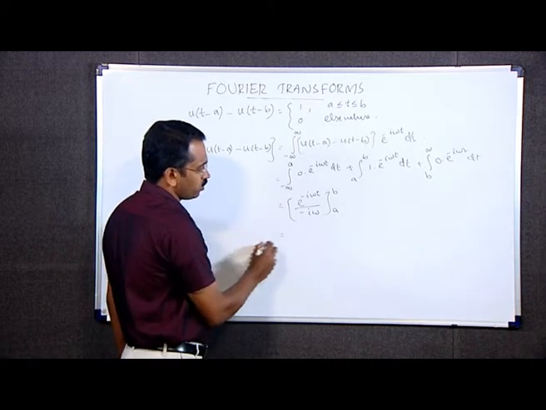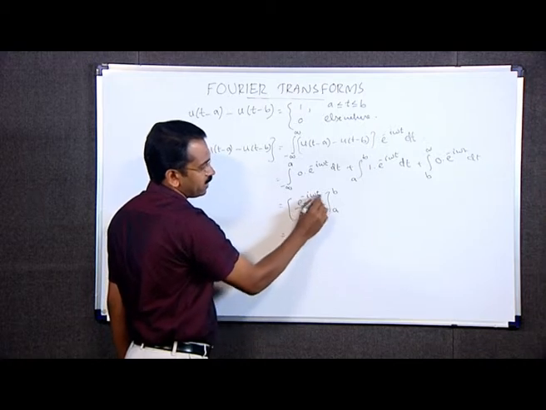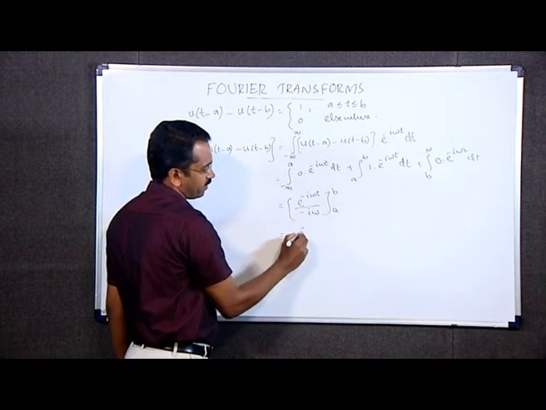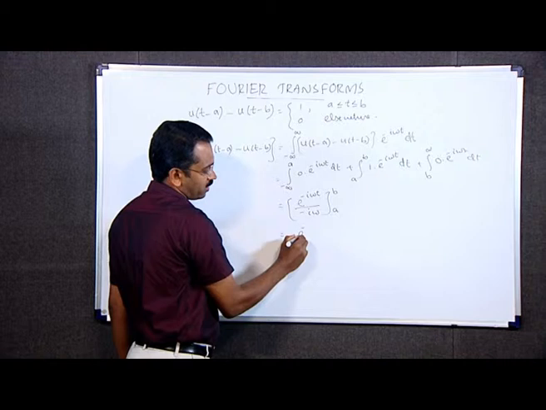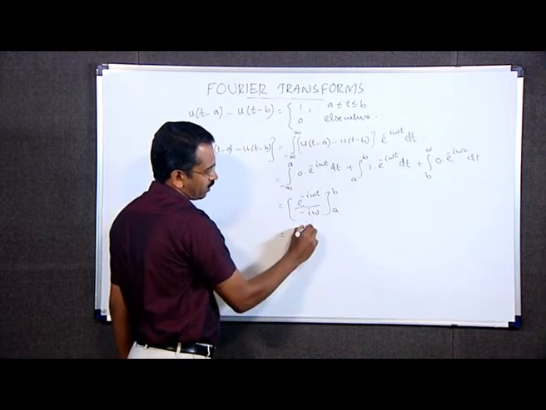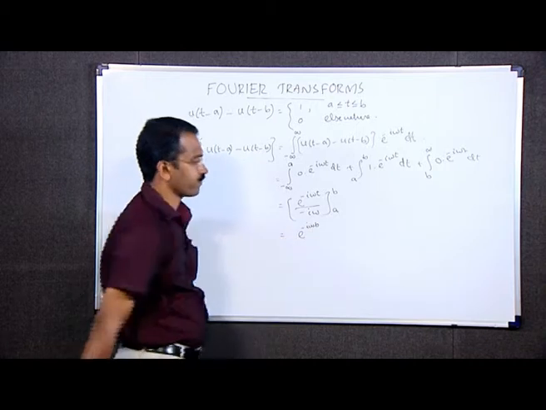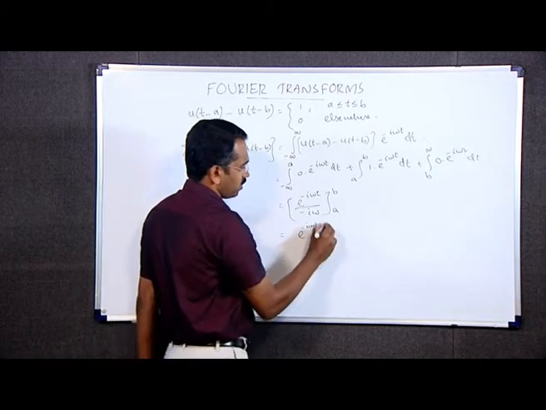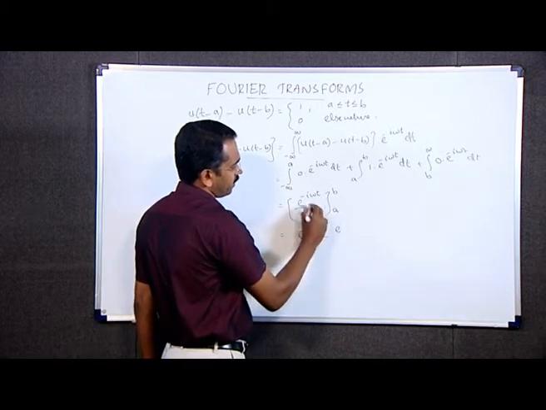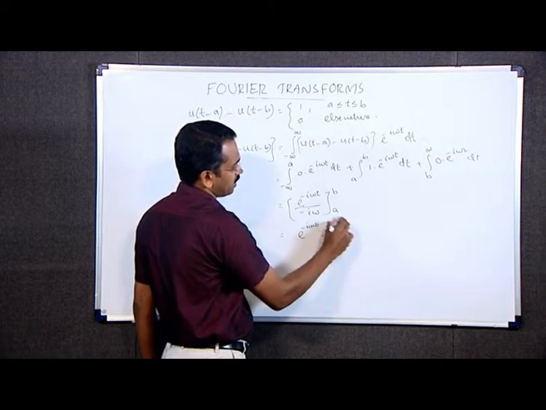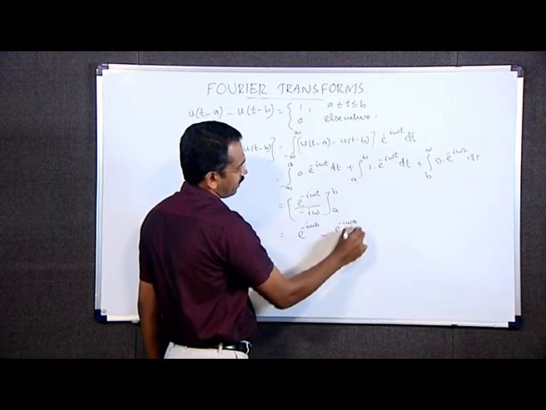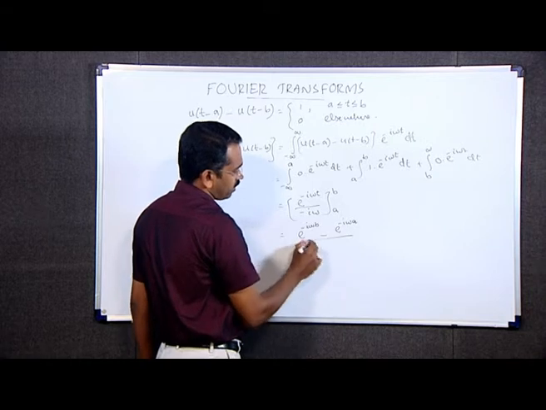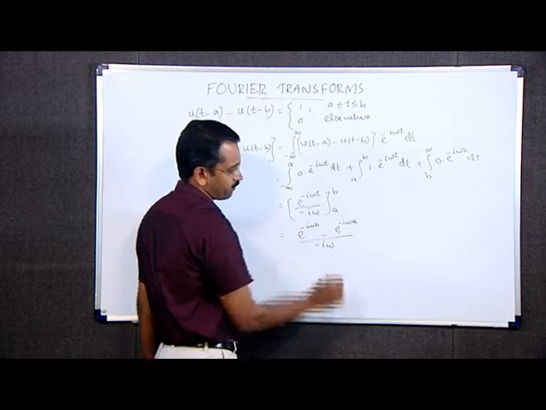This is equal to, when t equals b, in the numerator e^(−iωb), minus, when t equals a, we get e^(−iωa), all divided by −iω.